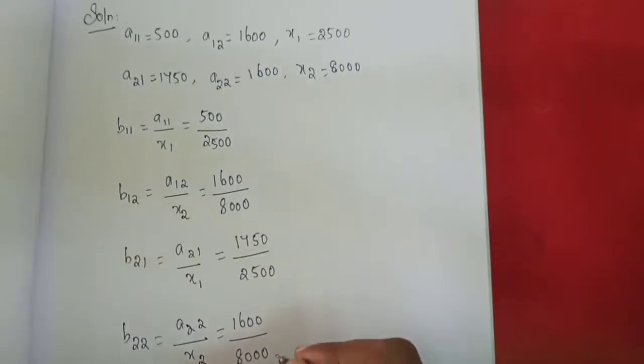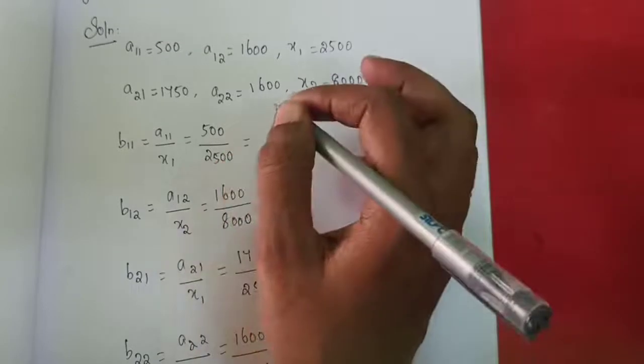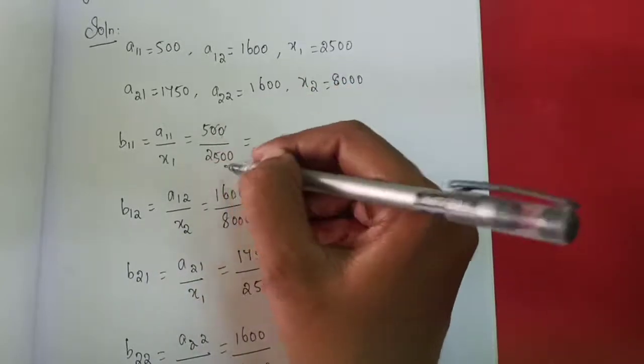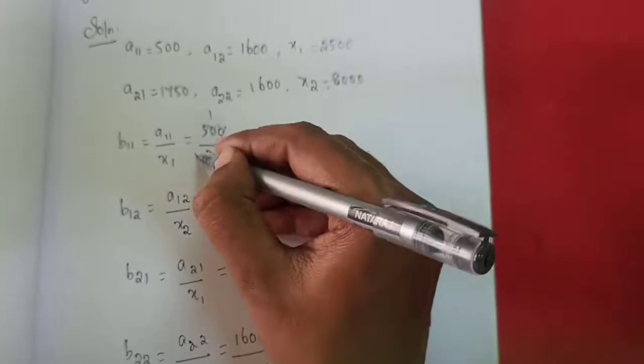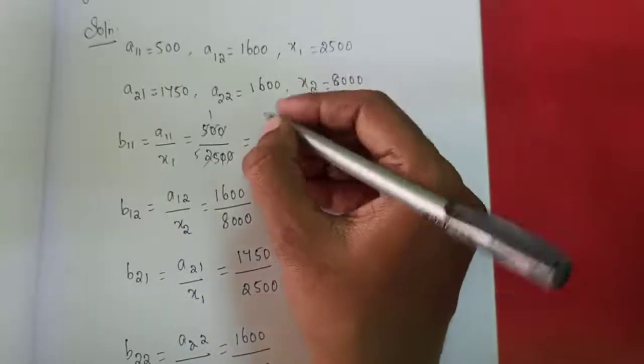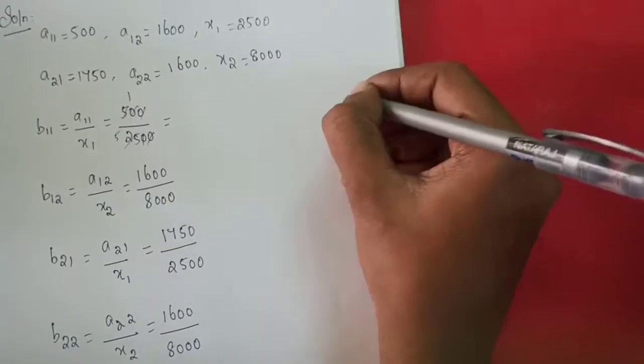Now we are going to simplify this and write it in decimals. This 2 will get cancelled. So 5 divided by 25 means 1 by 5. If we divide 1 by 5, how much will you get? All of you know how to divide 1 by 5?